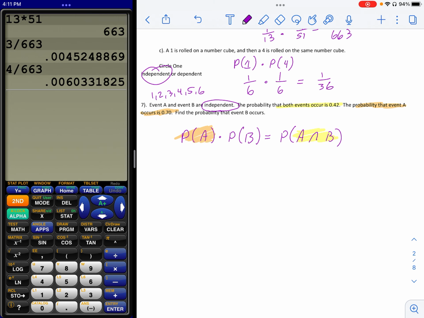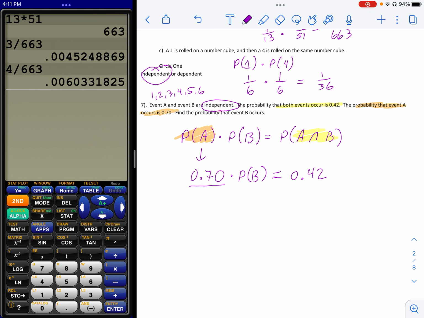So put in what we know. So that is 0.70 times the probability of B equals 0.42. So it's really just an equation. What does the probability of B need to be to make this work?